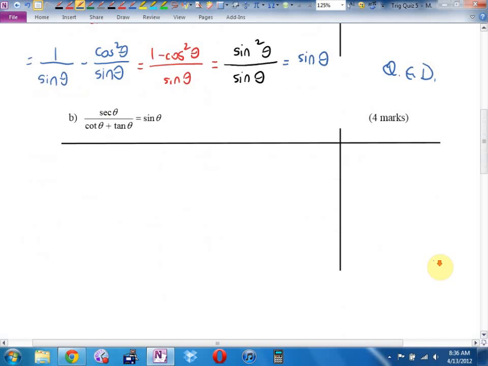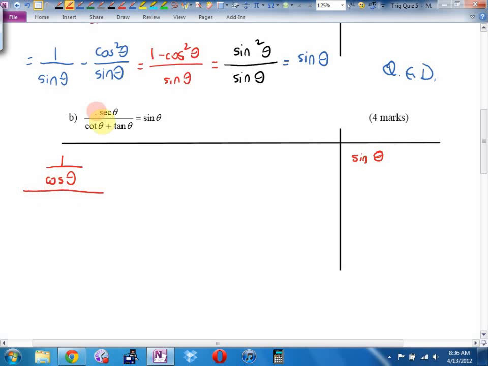Number 2, or B. Well, I'll do this. Suggestions? Yeah, I'll try rewriting everything in terms of sine and cos. Secant, that's 1 over cos.